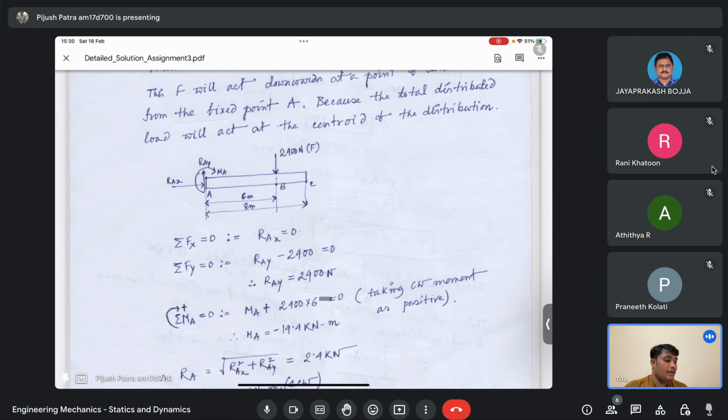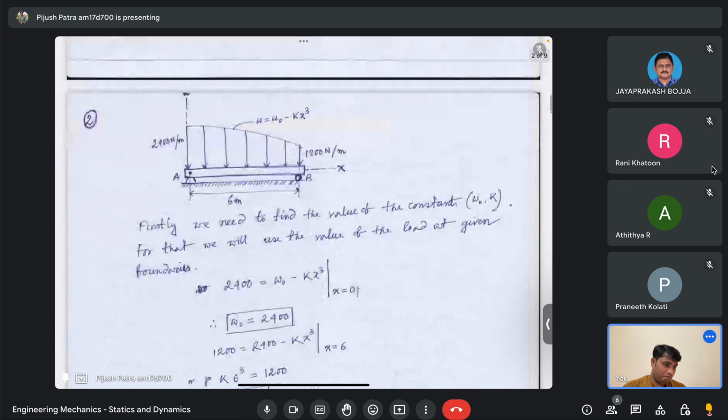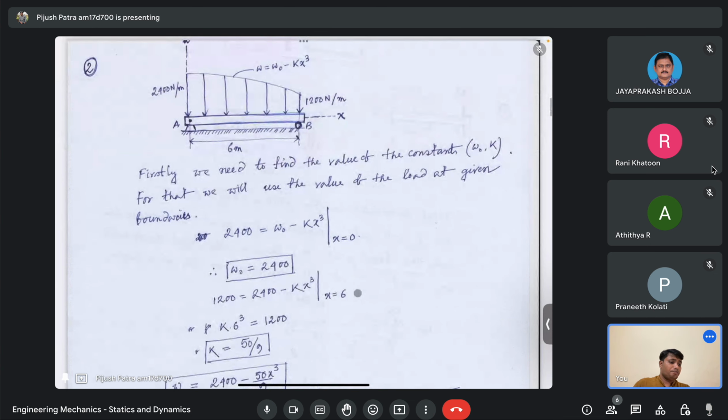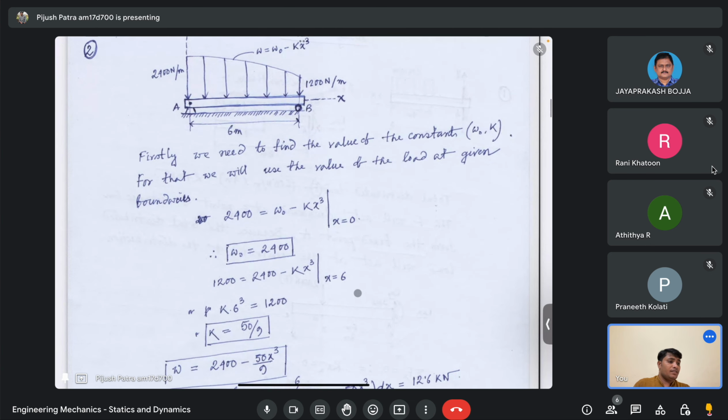Let me go through the solution. As you can see here, first we need to find the values of the constants W naught and K. For that we will use the values of load at the given boundaries.